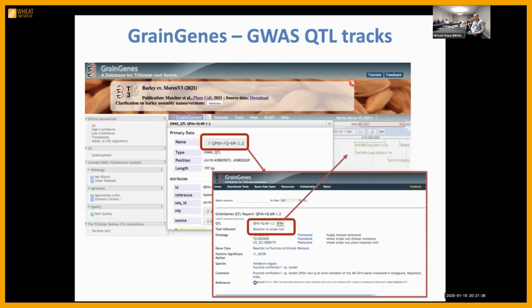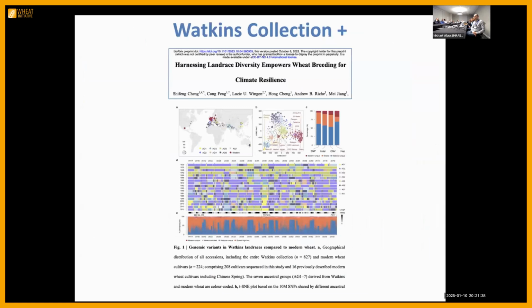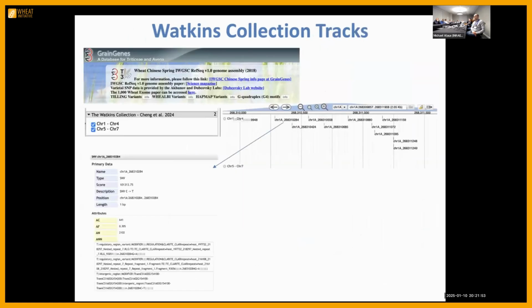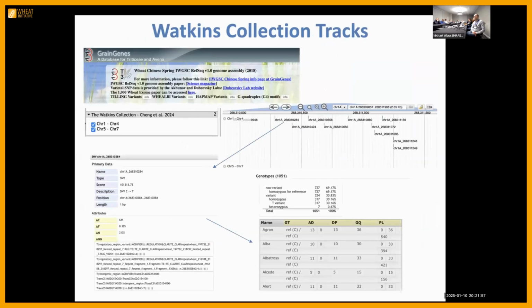Then you can get information. We also added tracks for the WheatIS collection. These are huge sets, so we weren't able to include everything, but at least we created tracks so that we can get some information about the work that was done and generated.